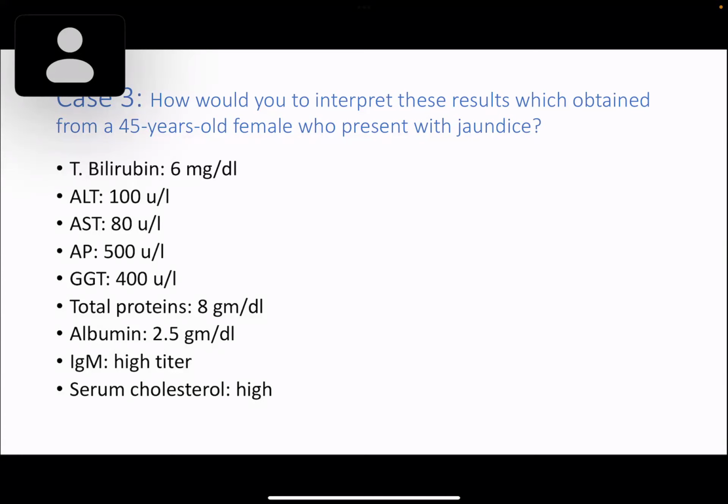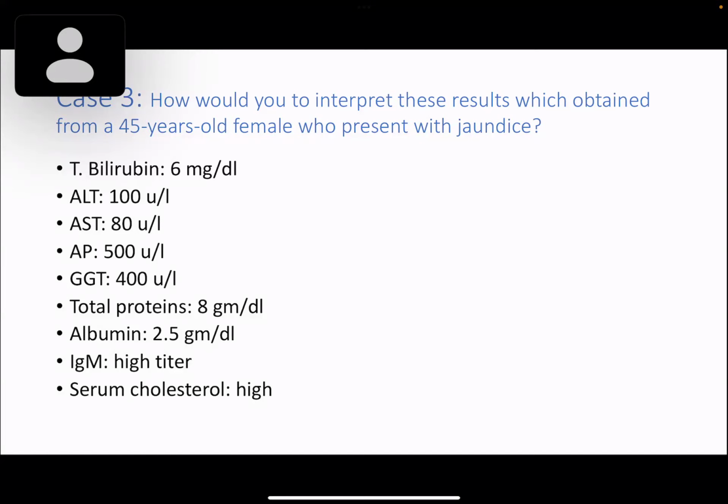She has mild elevation of transaminases, ALT and AST, and high elevation of alkaline phosphatase and GGT, while her total proteins are 8 grams per deciliter. Her albumin is 2.5. IgM is elevated and of a high titer. Her serum cholesterol is high.